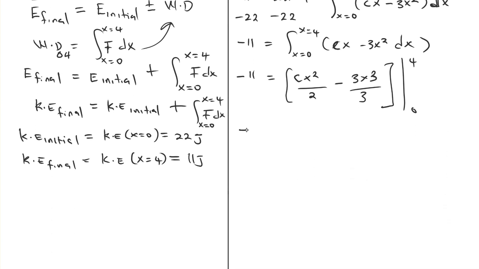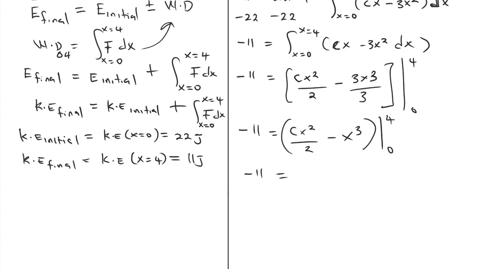This will give us minus 11 equal to, I can further break this down to cx squared over 2 minus x cubed, and then we can now carry on with the substitution. If we substitute 0 into the expression, the integration we did, everything will be 0.